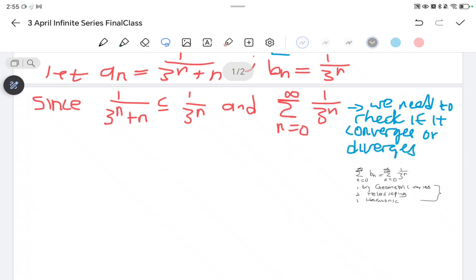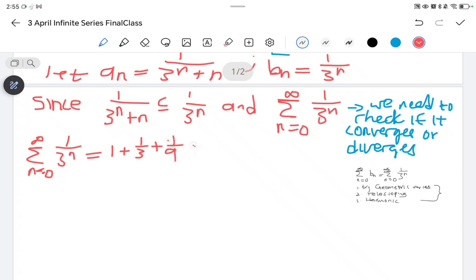Yeah. So now we go back to the question. Let's start with geometric series. And then we have 1 over 3 to the n. Geometric series, I'm going to expand it at least 4 times. You see, if I plug 0, I'll get 1. Plus, I plug 1, I'll get 1 over 3. I plug 2, I'll get 1 over 9.